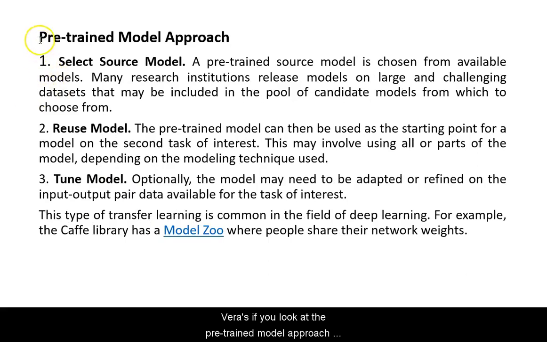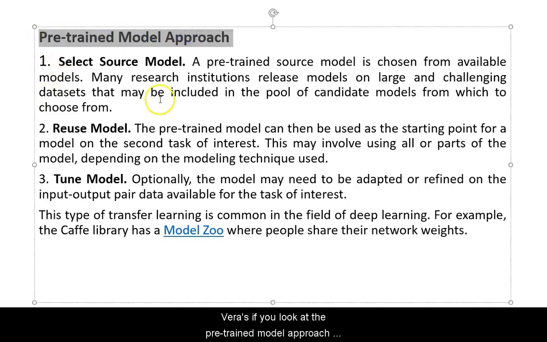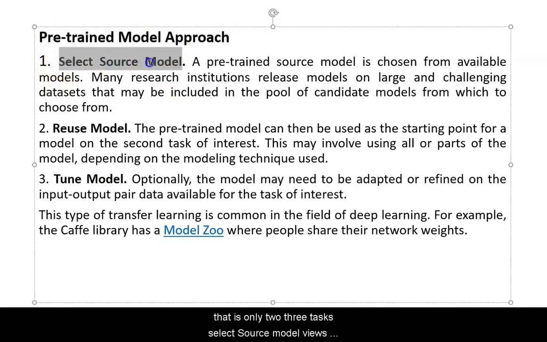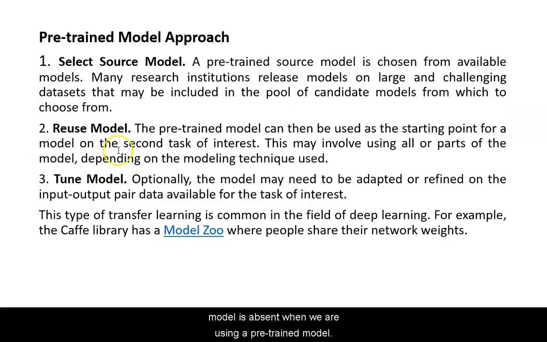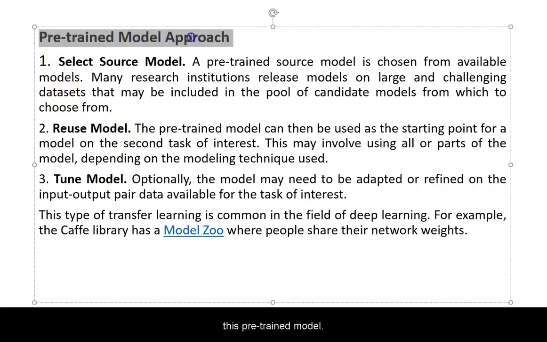Whereas if you look at the pre-trained model approach, there are only 3 tasks: select source model, reuse the model, and tune the model. So the task of developing a source model is absent when we are using a pre-trained model approach. So as I have mentioned, we will be concentrating more on this pre-trained model approach.